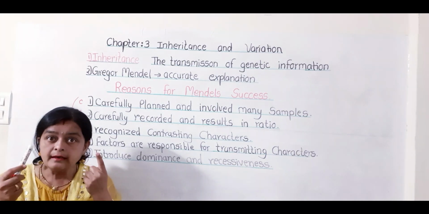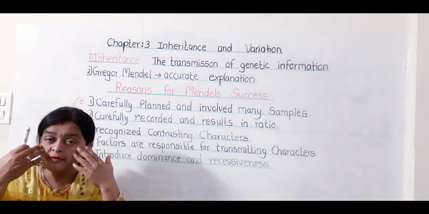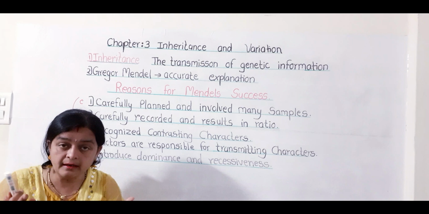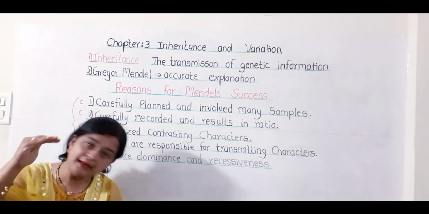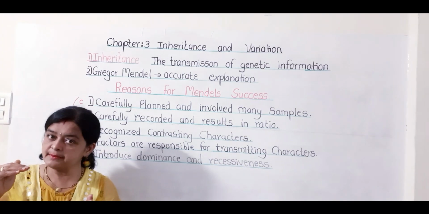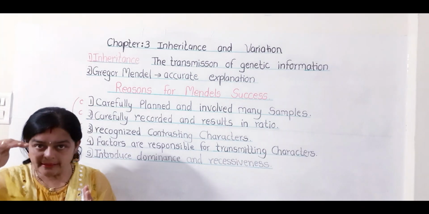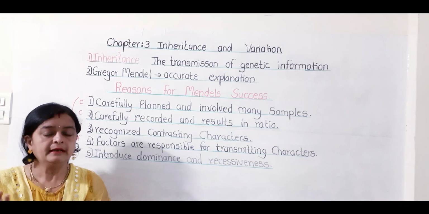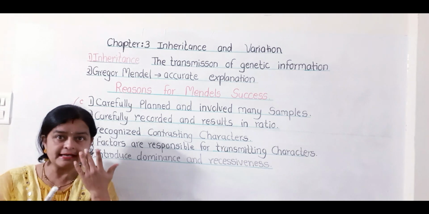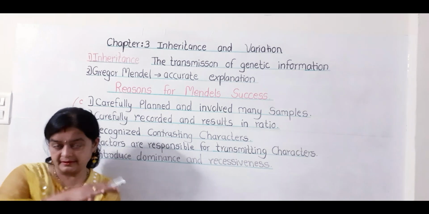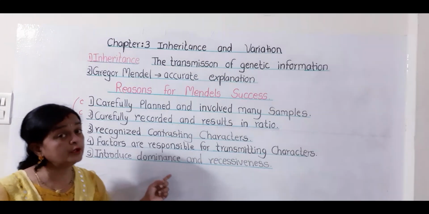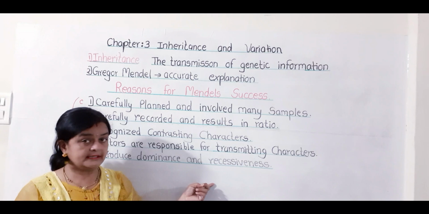If black eyes are visible, it means the black color gene is dominant and does not allow the brown color gene to express. The brown color gene is not appeared, so that character is suppressed. Mendel was the first person to explain the dominant and the recessive character.